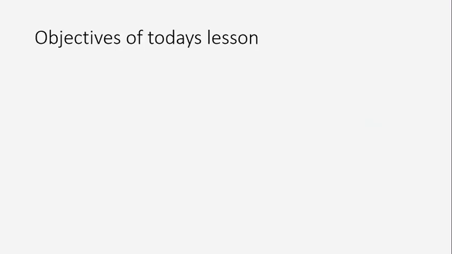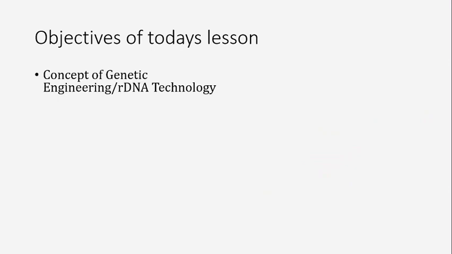And today, the objectives are that we will learn about the concept of genetic engineering, which has another synonym, recombinant DNA technology. We will also identify which organisms are called GMO, and that transgenic organisms are a subset of GMO.